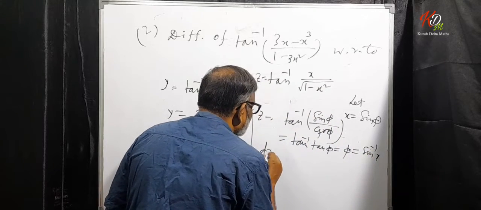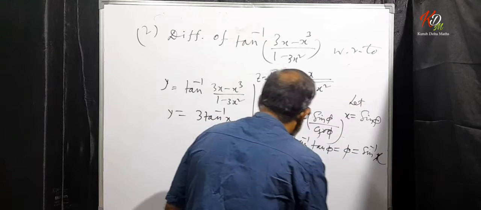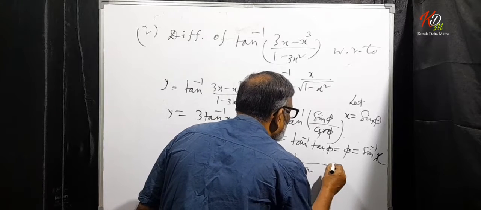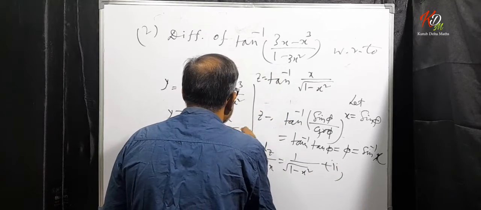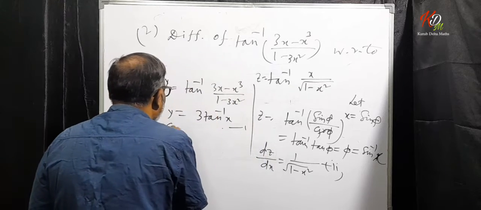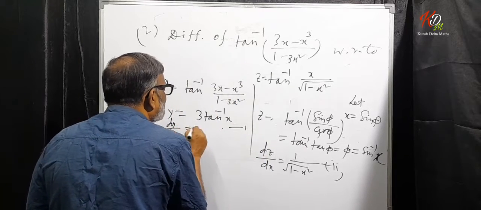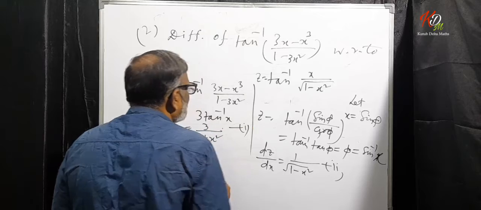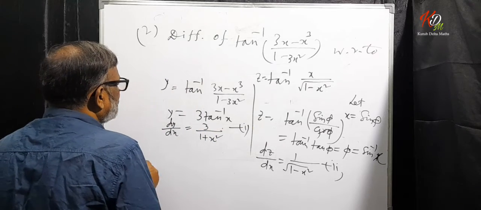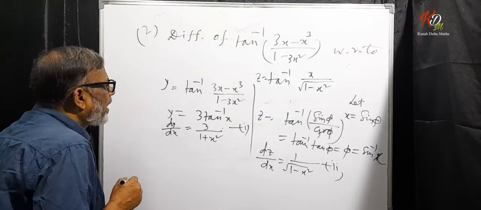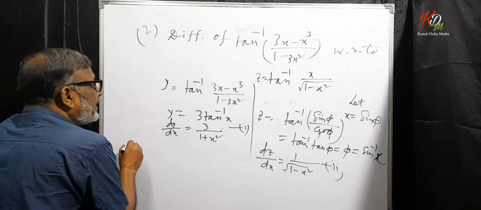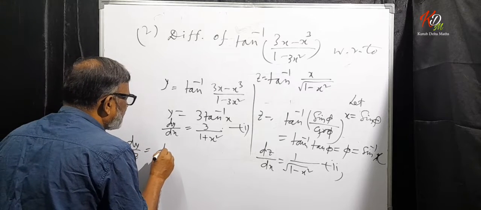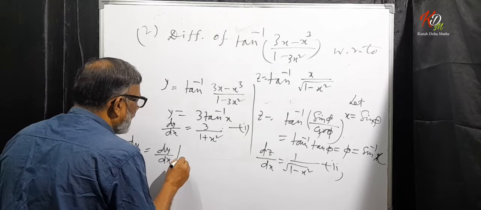So dz/dx equal to 1 by root under 1 minus x square. Number 1, dy/dx equal to 3 by 1 plus x square. Now we find out dy/dz, dy/dz equal to dy/dx by dz/dx.